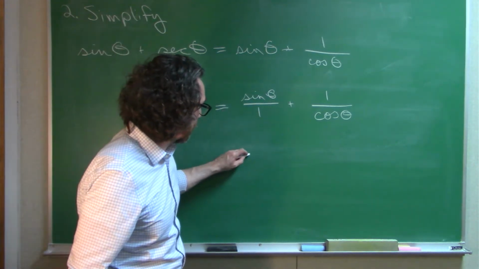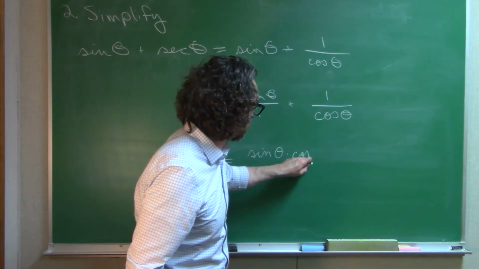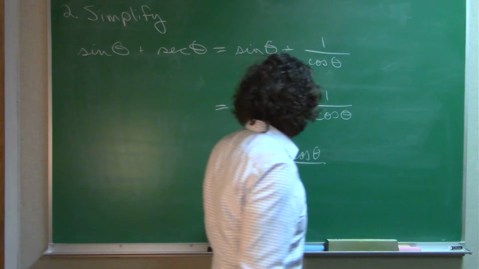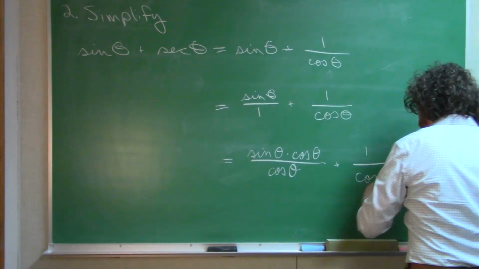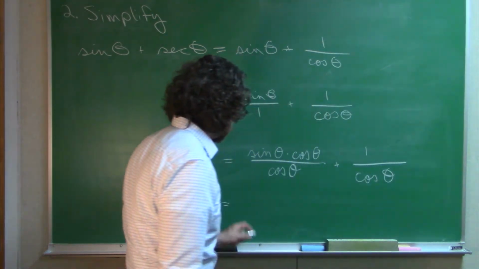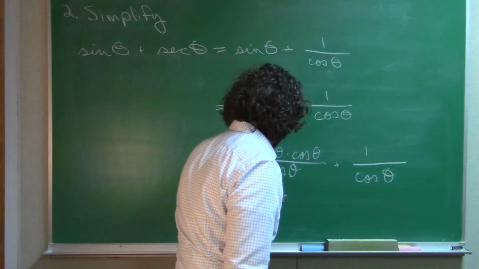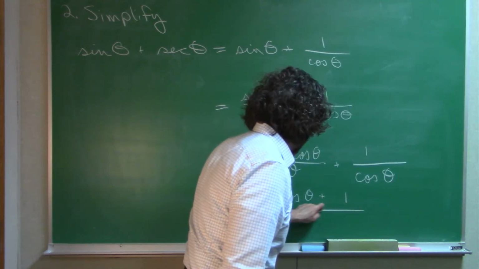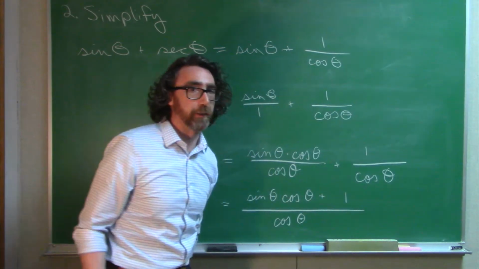Okay, so I'm going to hit this top and bottom with a cosine. Sine theta times cosine theta over cosine theta, plus 1 over cosine theta. And now that we've got a common denominator, we can combine these into one fraction over that common denominator.